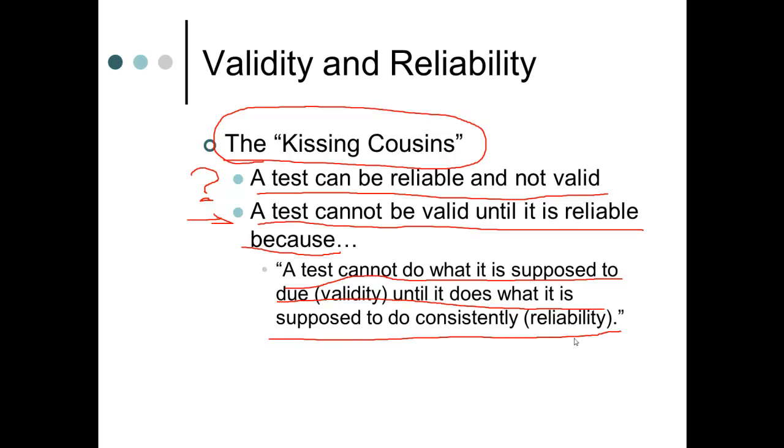And that's reliability. The content of that test has to reliably measure what it is you want it to. And so for it to be reliable, it has to be valid. We don't need questions in there that have no business being there.